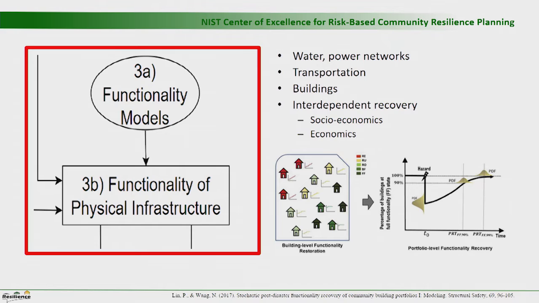So this is things like water and power networks, transportation, the buildings themselves, and these are models that describe either they are functional, they're not functional, or how functional, and then are updated as we circle through the analysis in time, either by month, it could be by quarter, it could be by year, it could be by decade if you're looking at something with a 100, 200 year planning horizon.